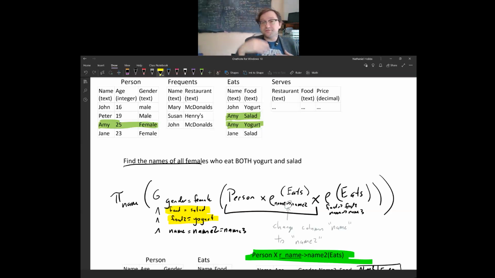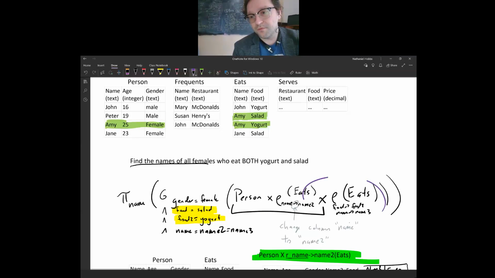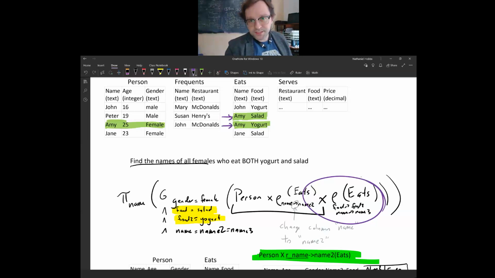Which is to say that if we tried to do this without this third one, then when we're checking here, we can see that Amy eats salad, but we would say that that does not equal yogurt. So we'd throw it out. And then the next one, we'd see that she eats yogurt, but we don't remember the one that we just looked at that said that Amy eats salad. That's gone. We don't have any memory. We can only look at this one individual row.